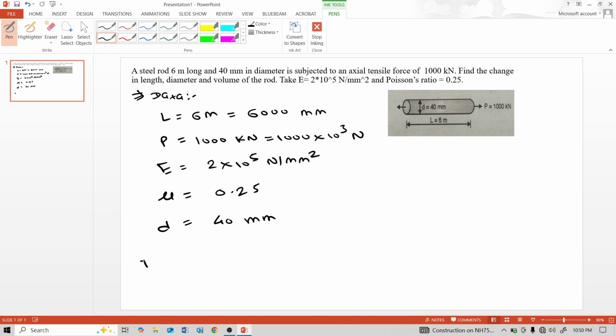We have to find the change in length denoted as delta L, change in diameter delta D, and change in volume.